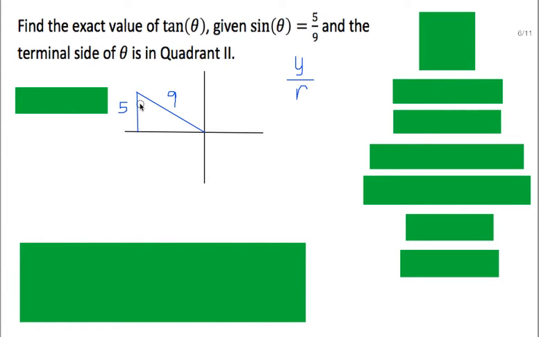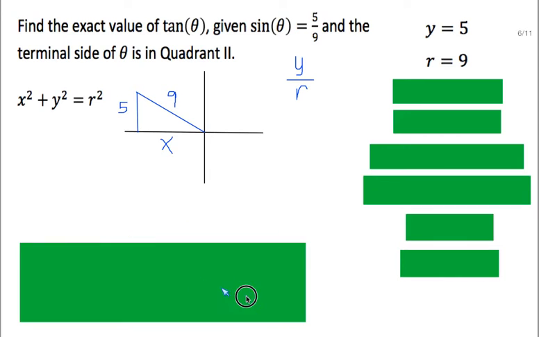Okay, so 5 is my y value, 9 is my hypotenuse, and I need to figure out what my x value is. Okay, so I know that my y value is 5, and I know that r is 9. I've got that figured out.